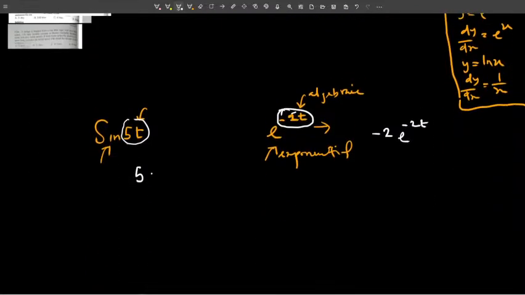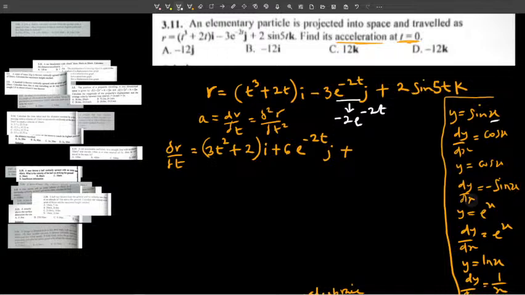So this will give me cos of 5t. So differentiating sine 5t will give me 5 cos 5t. I think that's clear. So multiply that by 2, you'll be getting 10 cos 5t, and add your k, which is the unit vector.